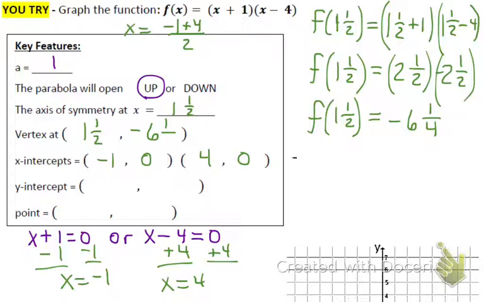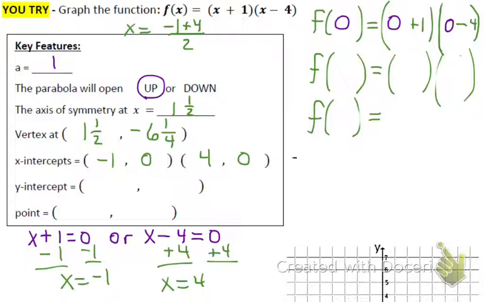All right, so we have our vertex now. Find the y-intercept, replace x with 0 and solve for y. 0 plus 1 is 1, 0 minus 4 is -4, 1 times -4 is -4, and so we have a y-intercept at 0, -4.